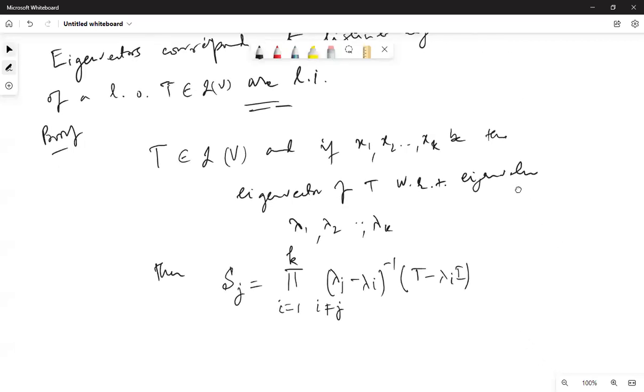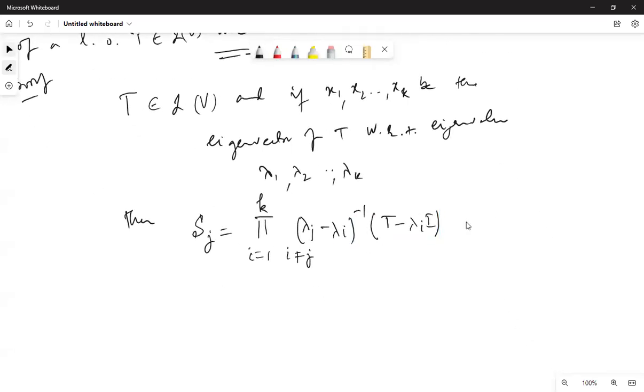This is an operator, and this product means composition. All right. This belongs to LV, because I told you in the beginning that this is an algebra.